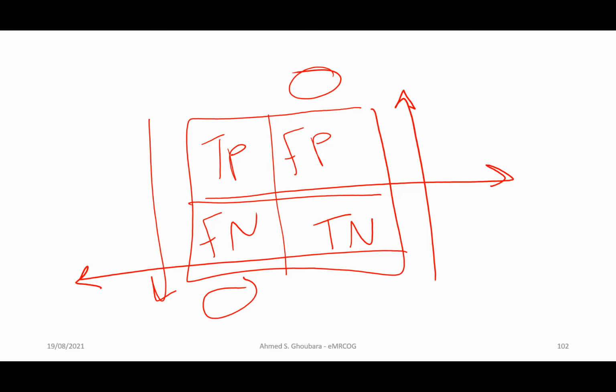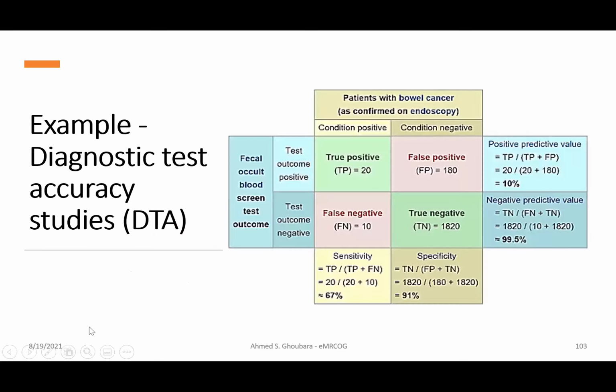Right? So next, this is also an example for that. Could you please tell me, see how they calculated the sensitivity. So here we have 20 over 30. So 20 plus 10, the total here is 30. So sensitivity is true positive over true positive plus false negative, all ladies with the disease.